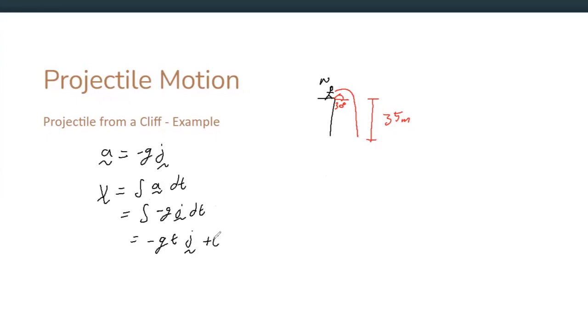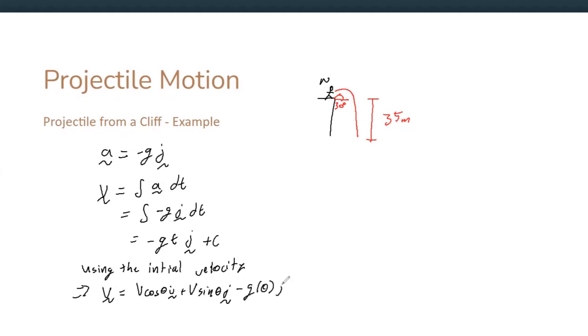Anyway, so now in order to find c, we have to use the initial conditions for velocity. So this implies that v is equal to v cos theta i plus v sine theta j equals minus g times 0 j plus c.